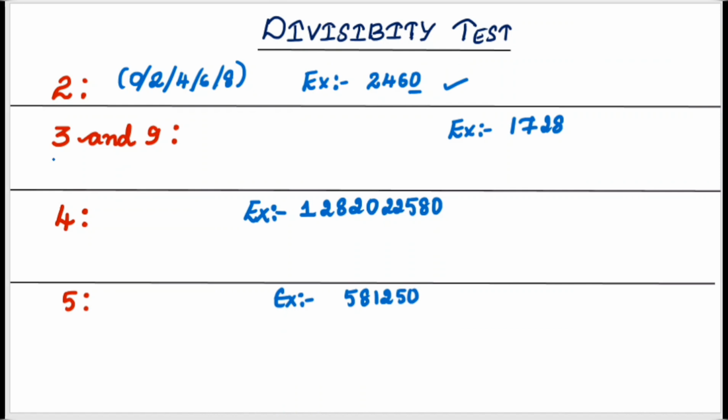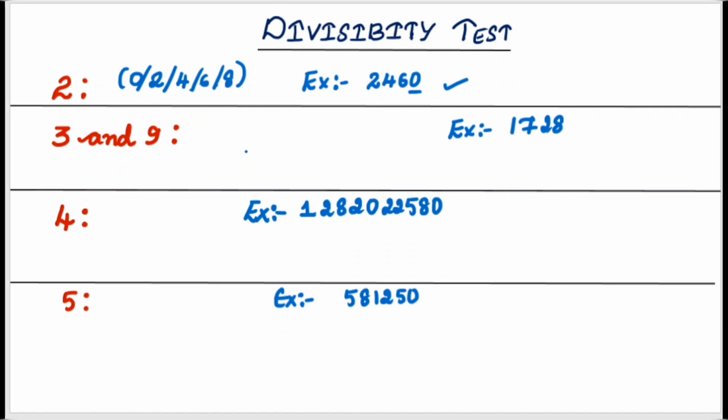Now let us move on to the next number, 3. What is the divisibility test for 3? On adding all the digits of the number, we get a sum, and that sum should be divisible by 3. Let us solve this example. They have given the example 1728.